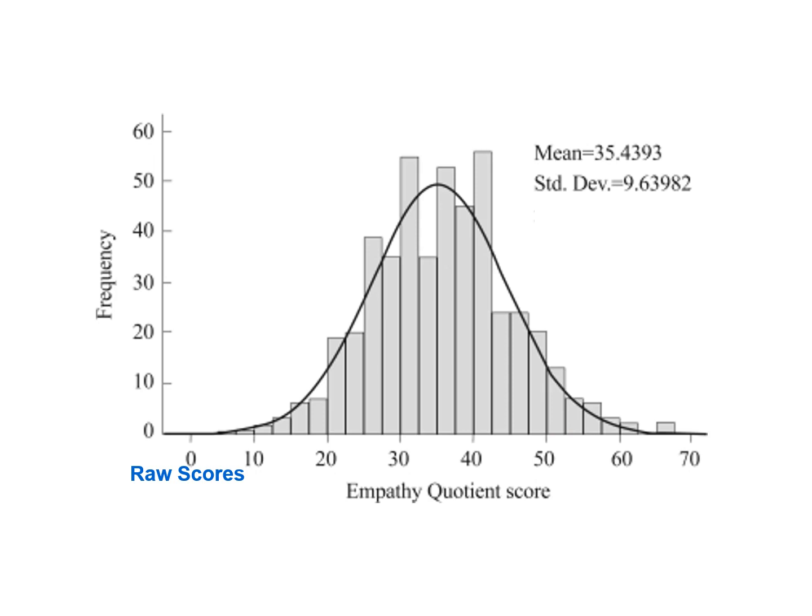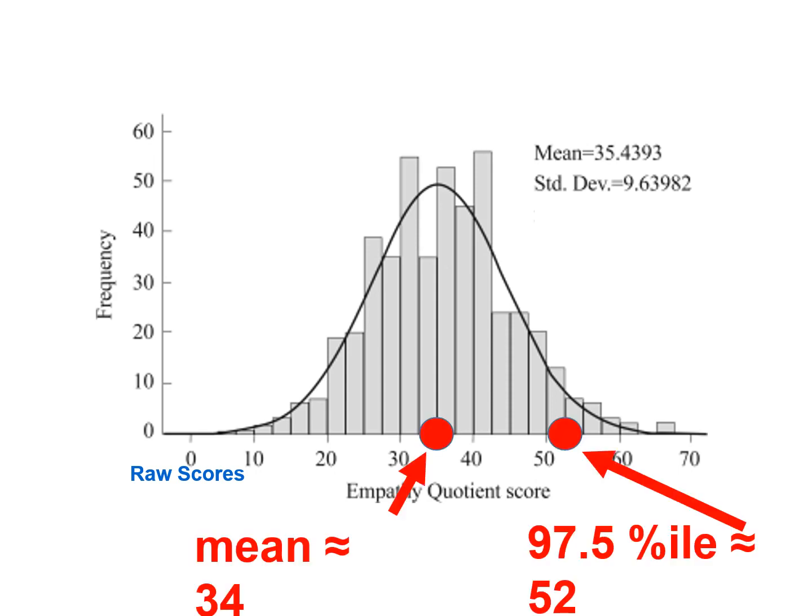Now, because 34 is at the mean, it has a z-score of 0. And because 52 is at the 97.5 percentile, it is equal to a z-score of 2. So the distance between 52 and 34 is 18, or in other words, it's 2 standard deviations.